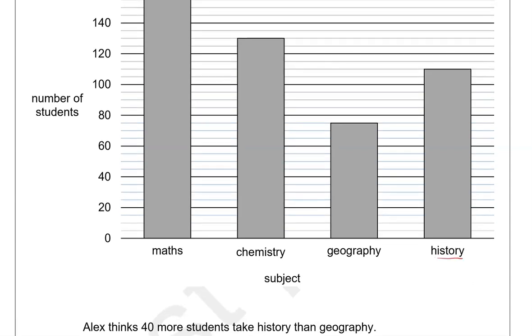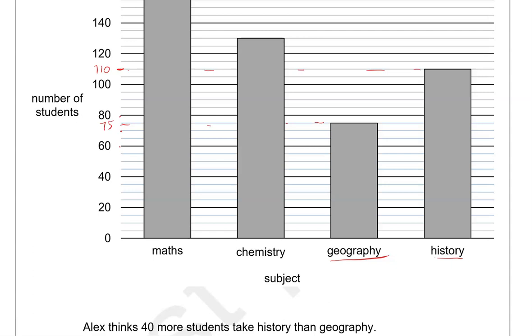History, we've got bang on in the middle between 100 and 120, so that is 110. Looking at geography, there is 60, that's 80, in the middle is 70, so this is 75.